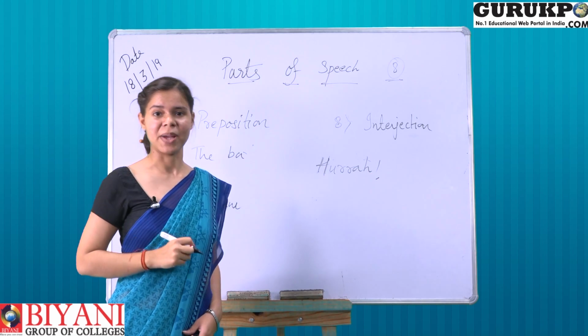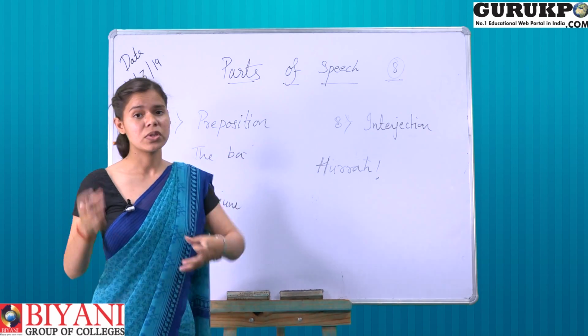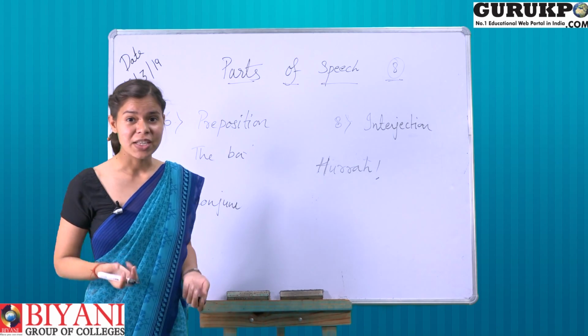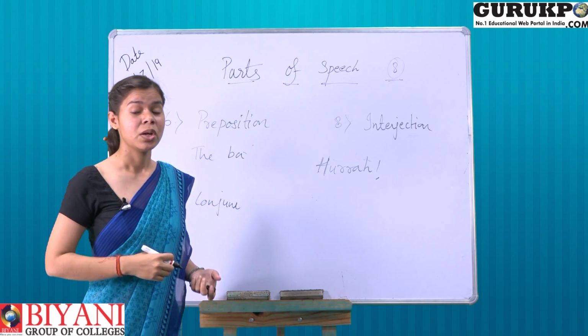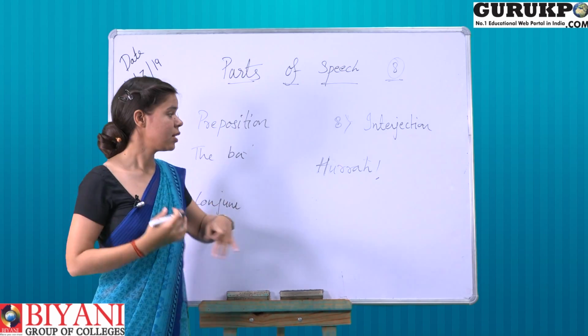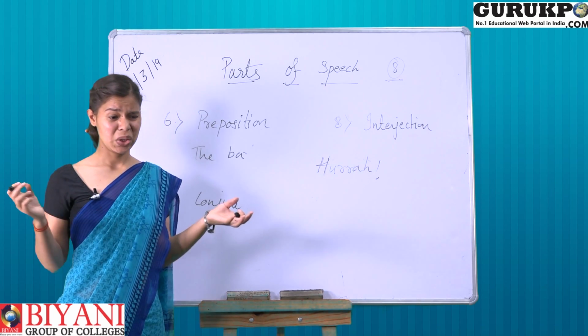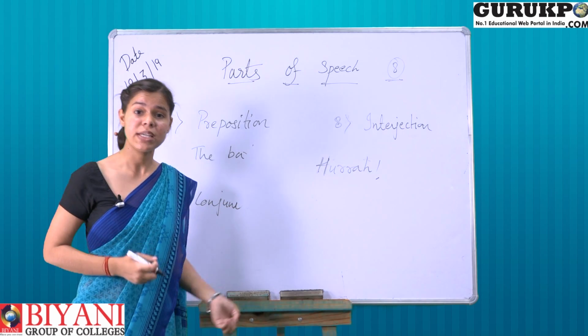Hooray, we won the match. This is showing our strong feelings. Interjections are the words that show our strong feelings. So what happened? We won the match. This is showing our happiness, right? So this is an interjection. We can take any other words like ew, how dirty the floor is, right?